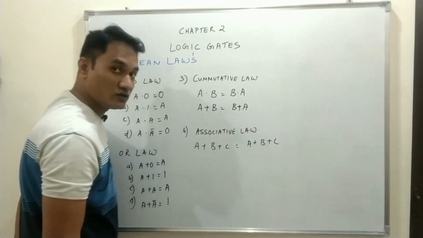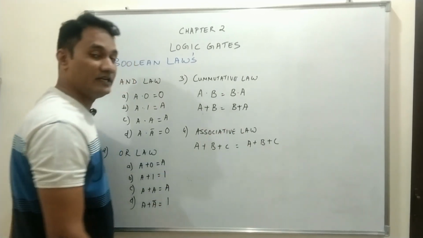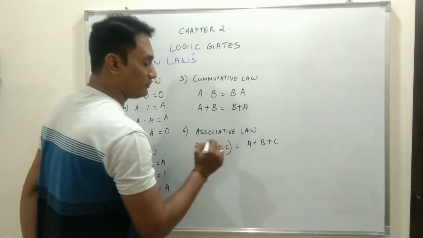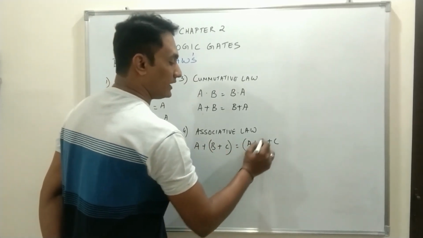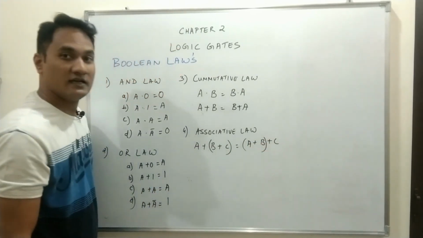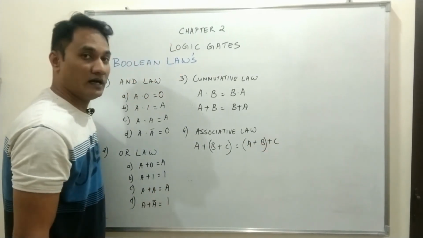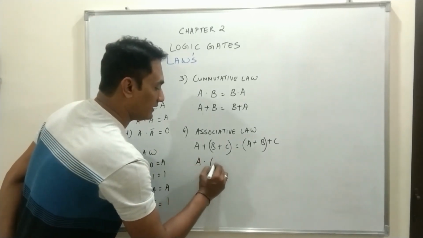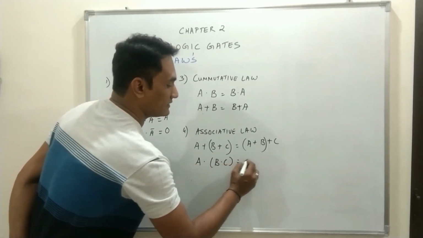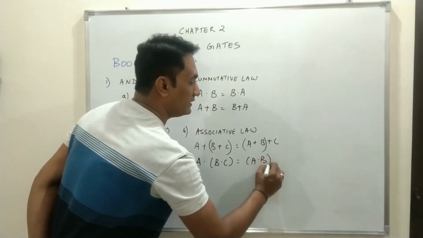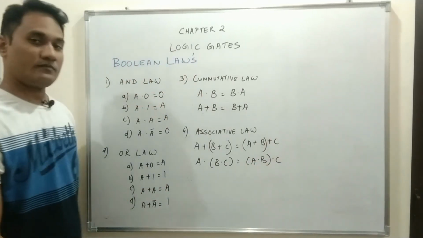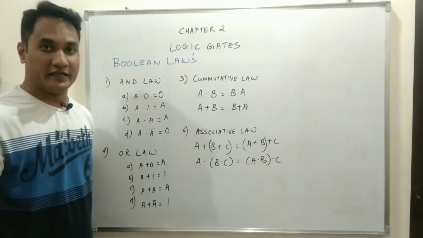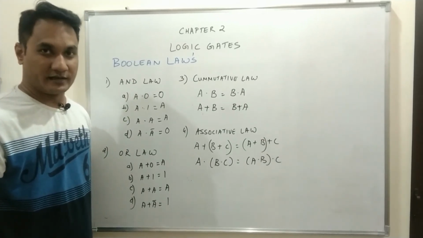Associative law allows you to group any two variables in an expression. That means A plus in bracket B plus C is equal to A plus B in bracket plus C, it can be easily verified using the truth table. Similarly, A dot in bracket B dot C is equal to A dot B in bracket dot C. Associative law allows you to group any two variables in an expression.